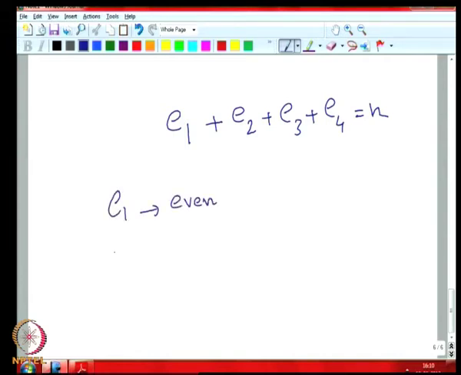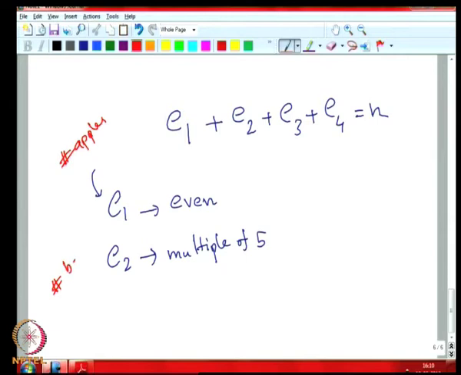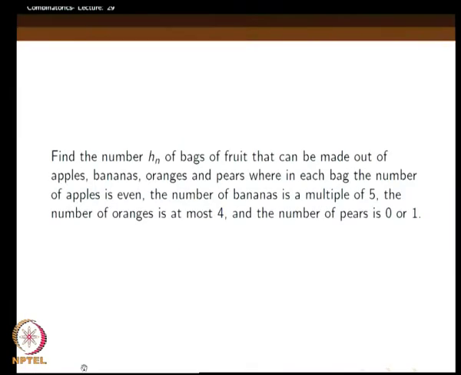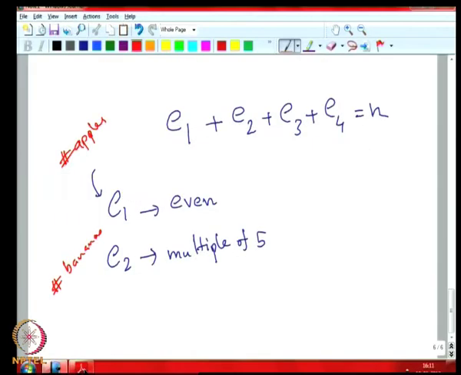with some extra conditions: E1 has to be an even number, and E2 has to be a multiple of 5. Recall E1 corresponds to the number of apples, and E2 corresponds to the number of bananas, and the oranges, namely E3, is in between 0 and 4.